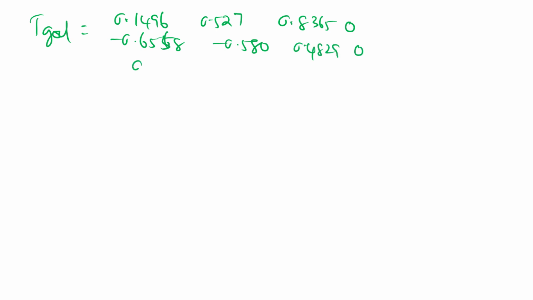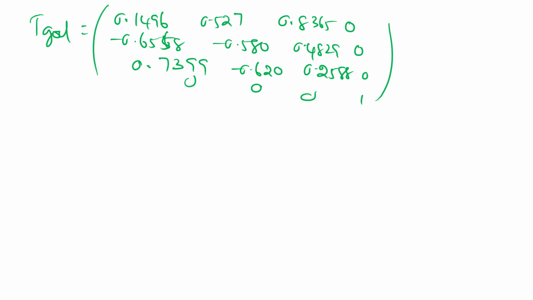Then this row is 0.7399, minus 0.620, 0.2588, 0, then 0, 0, 0, 1.